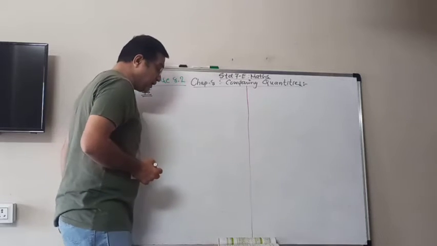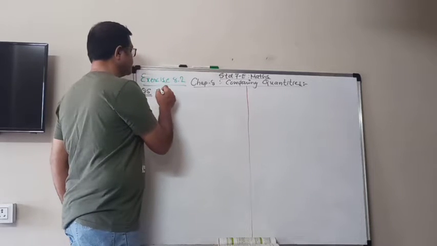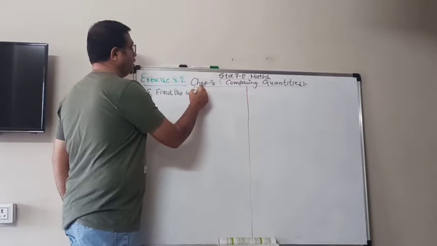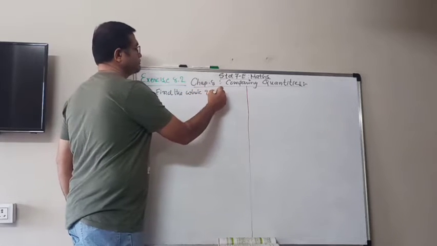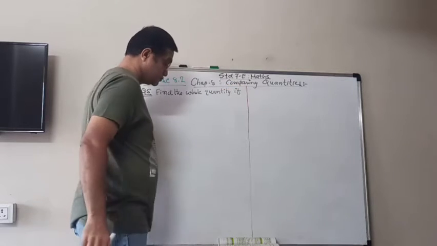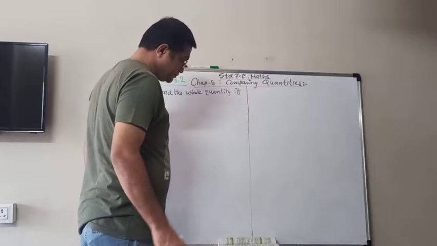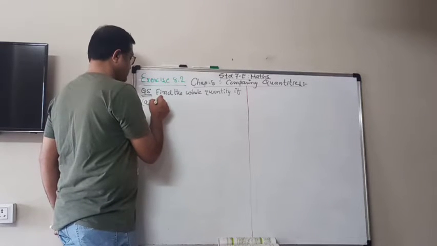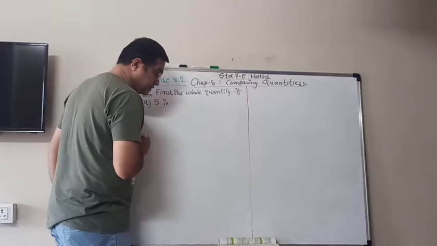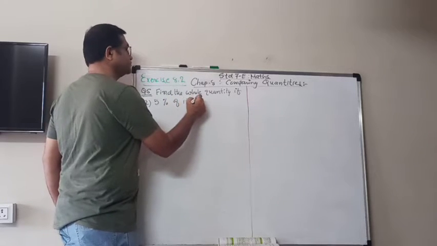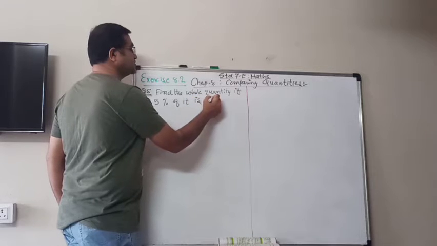It says find the whole quantity. Find the whole quantity, if... So now different situations are given. First, 5% of it is 600.